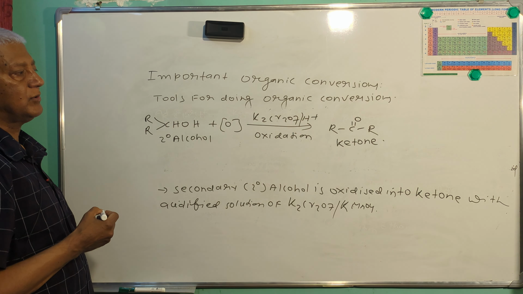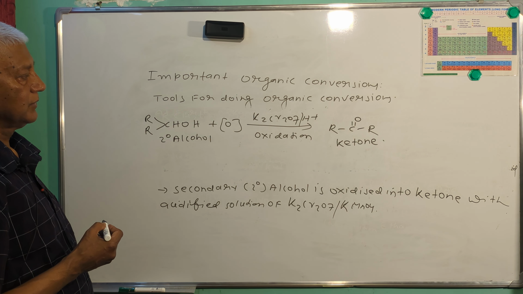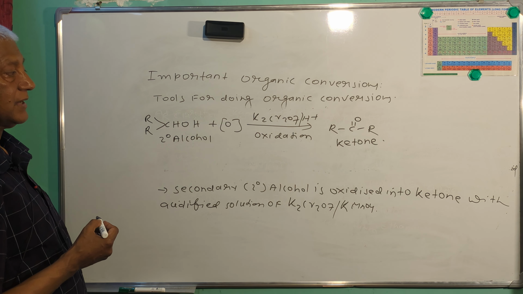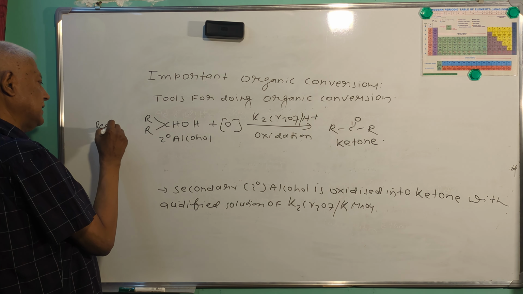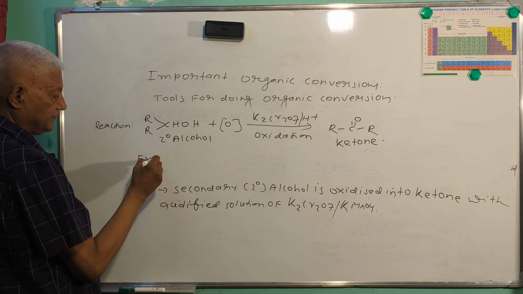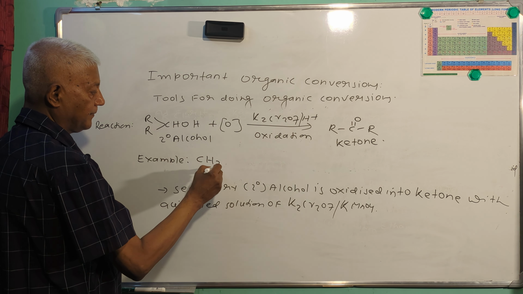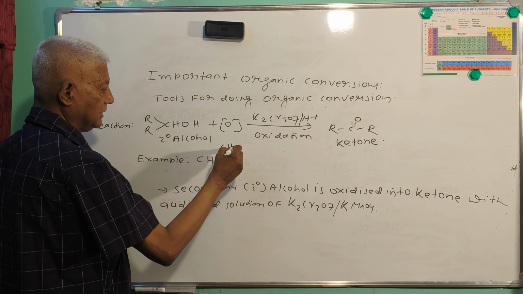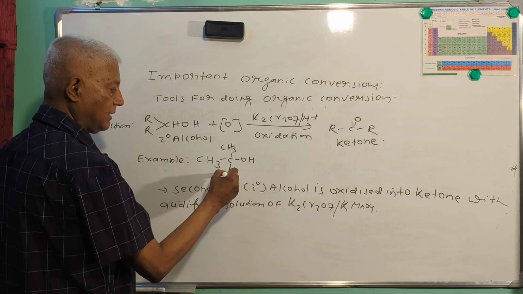For conversion of secondary alcohol to ketone, what reagent do we have to use? Acidified solution of potassium dichromate, that is the general reaction. Example is like this: CH3 CH(OH) CH3, carbon must be tetravalent.